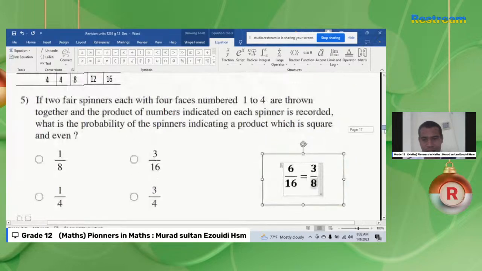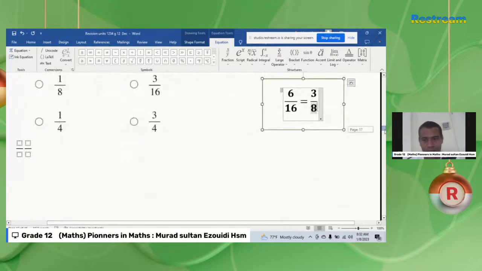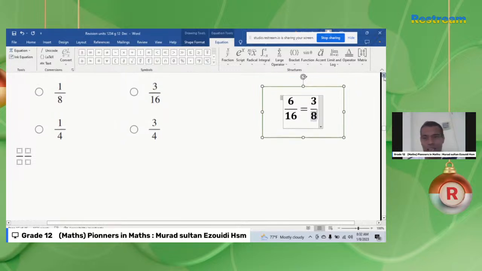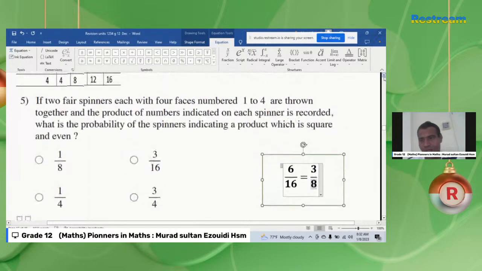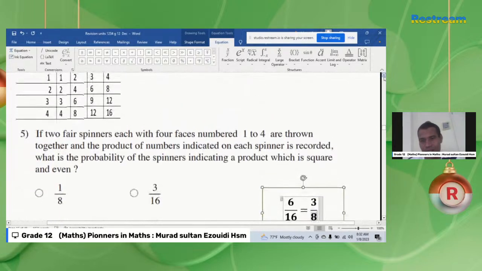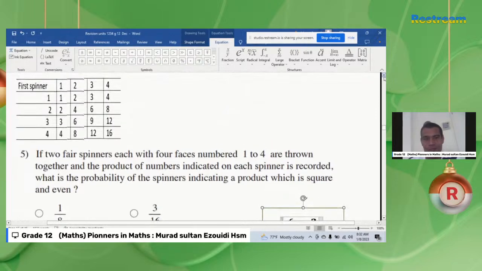Okay, this is of course this one, let's say 6, 4, 12, 1, 4. So all of these are incorrect. Okay, it's a wrong question here. Okay, so it's clear, I thought, that these two spinners are thrown at the same time with 4 faces.